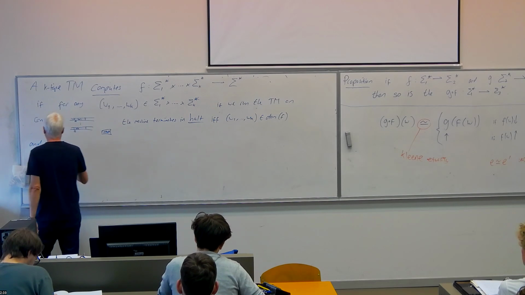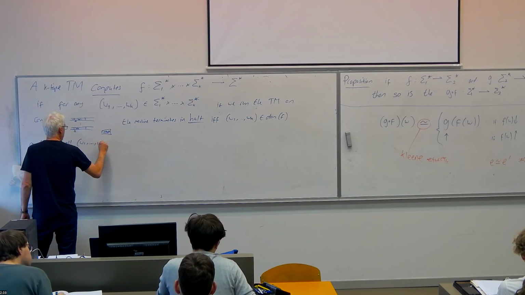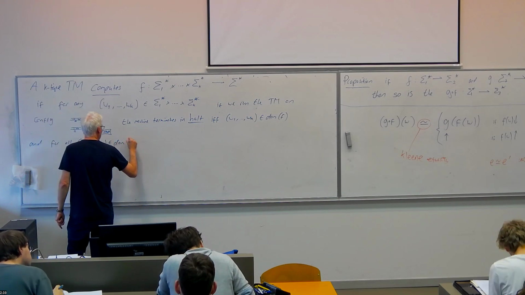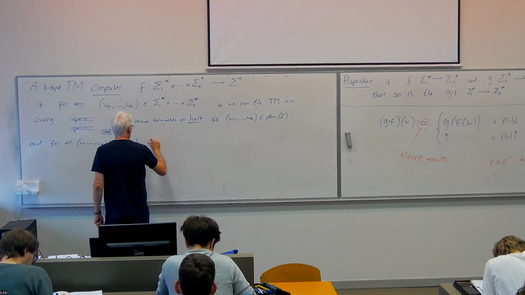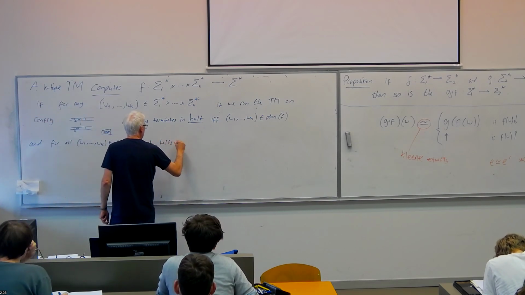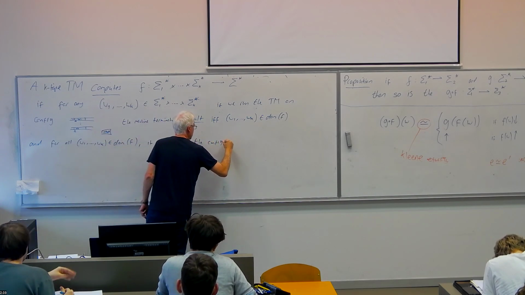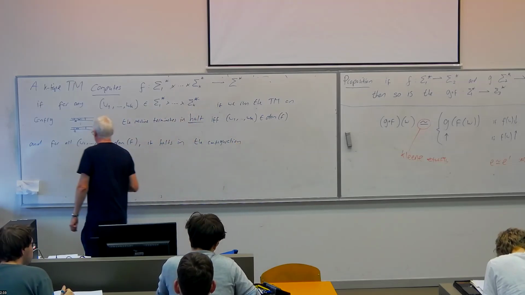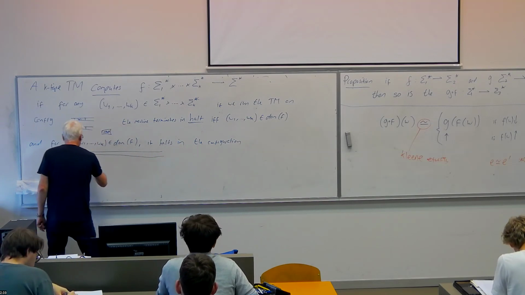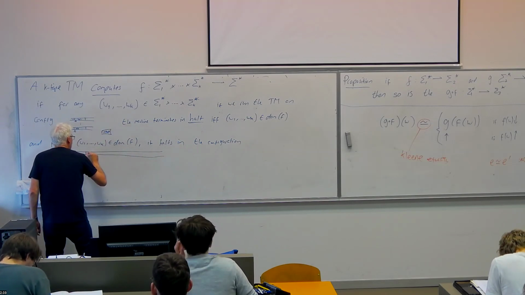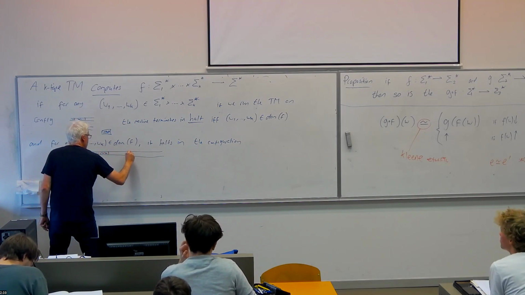And for all w1 to wk that are in the domain of f, the following holds in the configuration. Again, I'll just do this with a picture. On the first tape, we require the correct output, f applied to w1 to wk, the word we're trying to output.